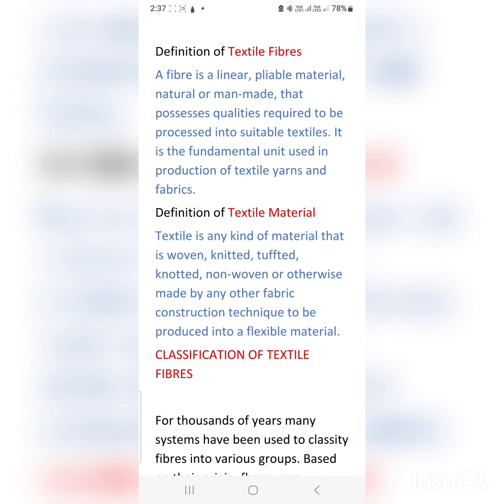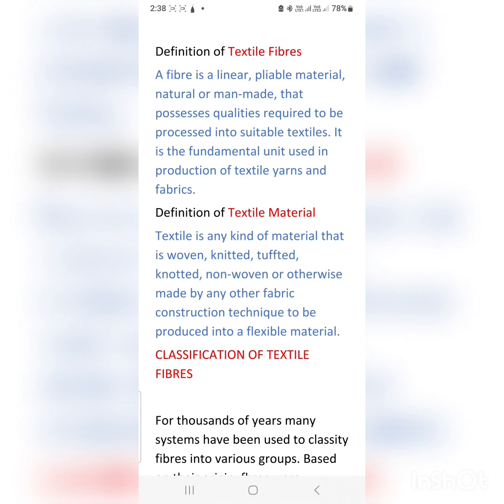A fiber is a linear, pliable material, natural or man-made, that possesses qualities required to be processed into suitable textiles. It is a fundamental unit used in production of textile yarns and fabrics. The definition says fiber is linear, a single unit, pliable, which can be twisted or spun.